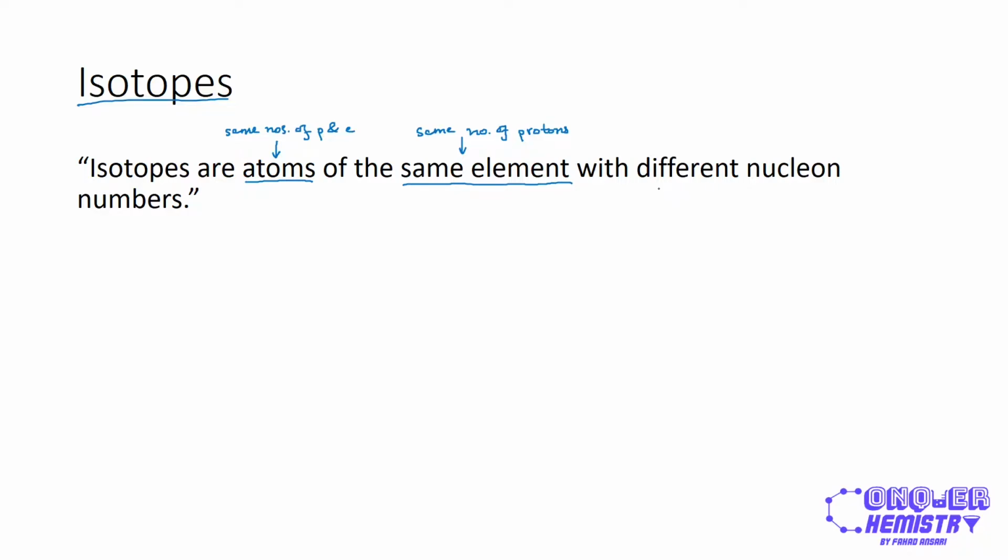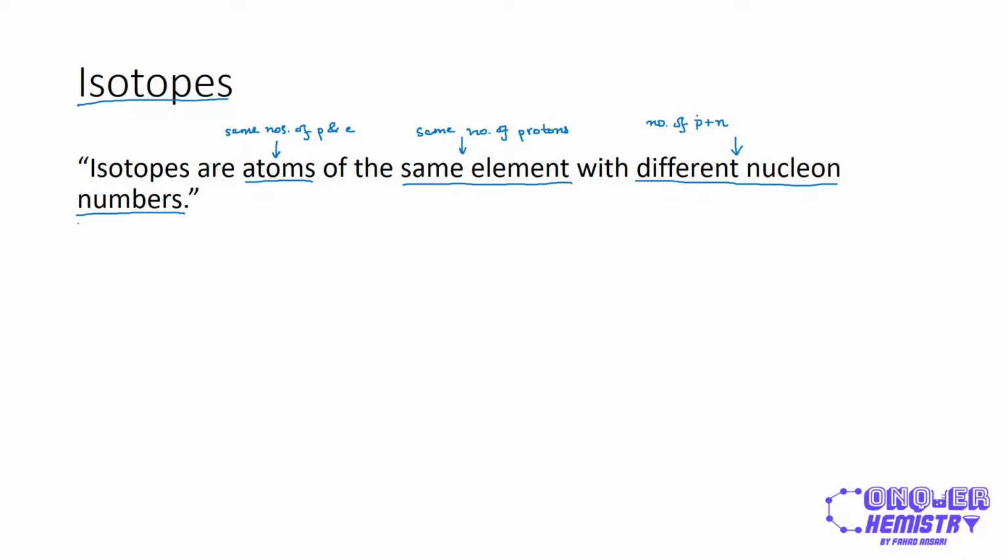Now it says they have different nucleon numbers. So if they have the same numbers of protons, then what causes the difference in the nucleon numbers? Well, remember that the nucleon number is the number of protons as well as the neutrons.